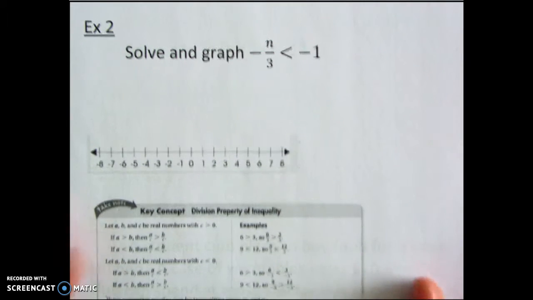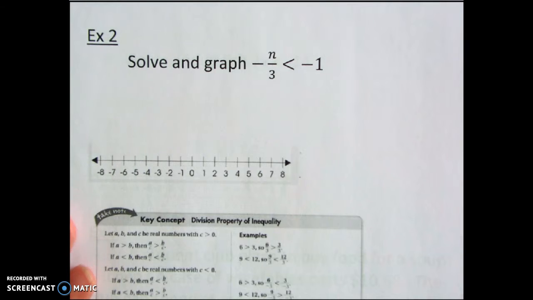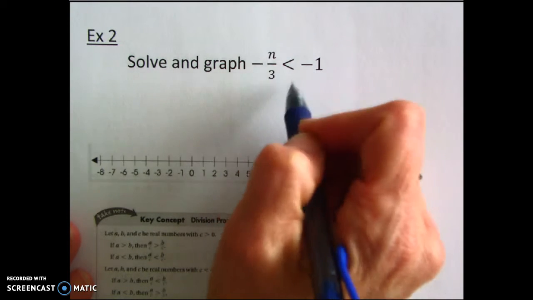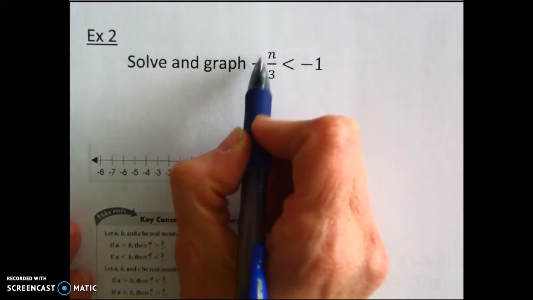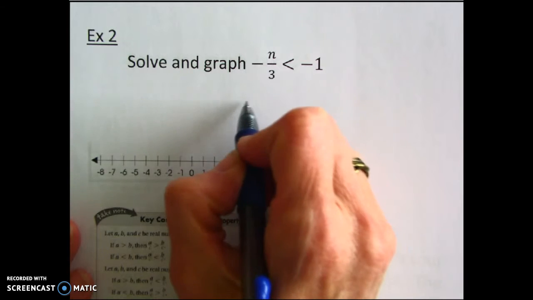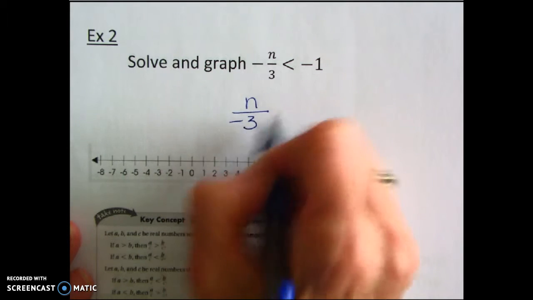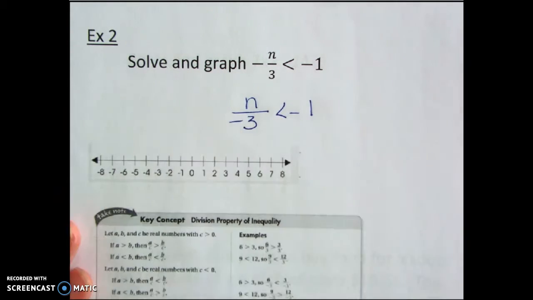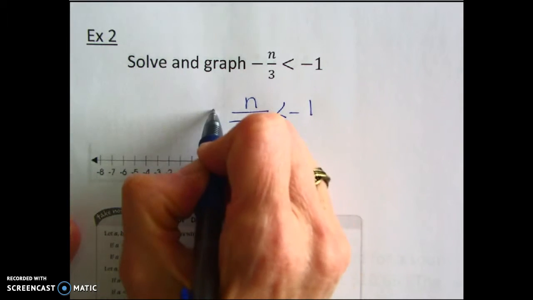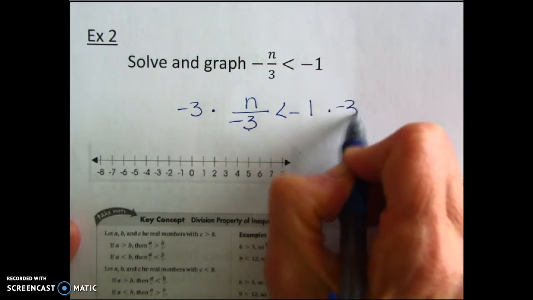All right, so here's another example. We have -n divided by 3 is less than -1. Now, this negative sign can float to the top and be in front of the n. It can also float to the bottom and be in front of the 3. I'm going to take it to the bottom and be in front of the 3 so that I can get rid of it in one step. So if I'm dividing by -3, the opposite is to multiply by -3.